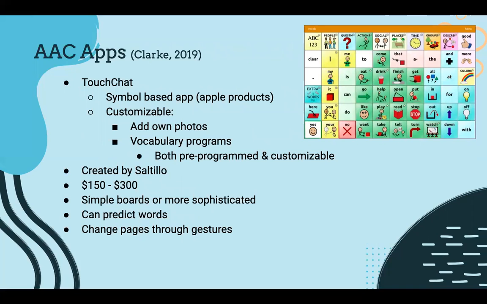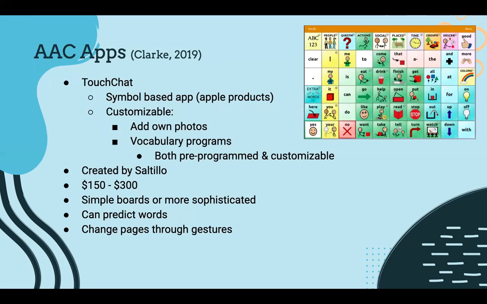One thing that can be very beneficial in our day and age are AAC apps. TouchChat is very popular, and it is a symbol-based app that is available on Apple products. It is customizable, so you can add your own photos. Vocabulary programs are pre-programmed, but you can also customize them. It is created by Saltillo, which is very reliable, and the app itself is $150 to $300.